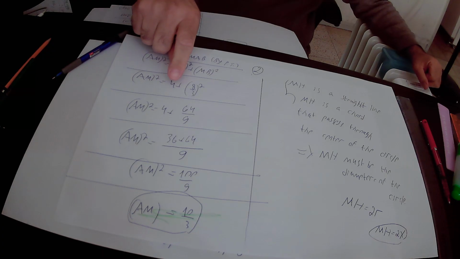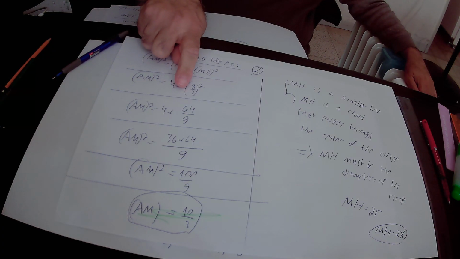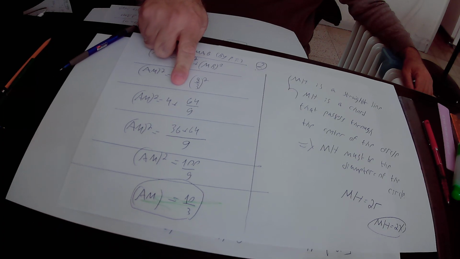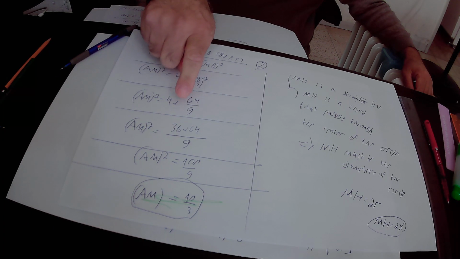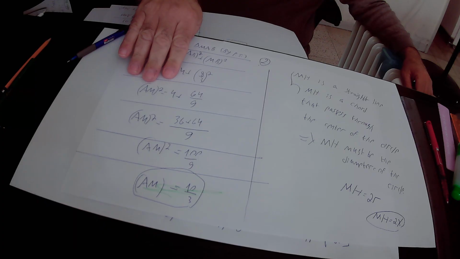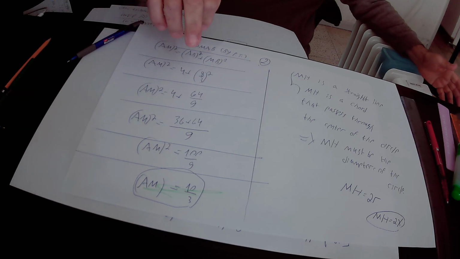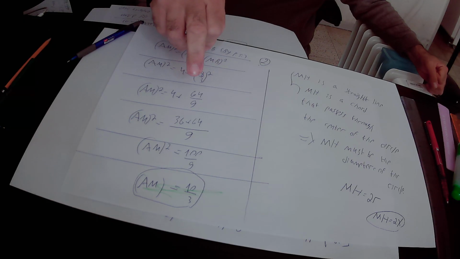Here we take a common denominator of those two expressions, that is, we multiply 4 by 9 and then divide by 9. 4 times 9 is 36, so it is 36 plus 64, and then we divide by 9. So AM squared equals 36 plus 64 over 9. 36 plus 64 is 100 over 9.